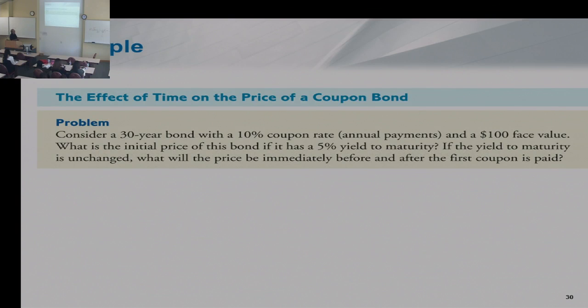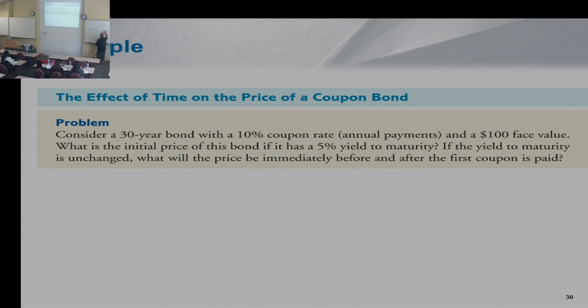So consider we've got a 30-year bond, 10% coupon rate, $100 face value. We have a 30-year bond, 10% coupon rate, annual payments. So what's the coupon payment? 10.